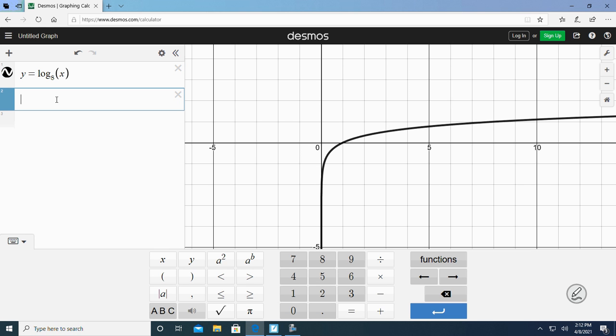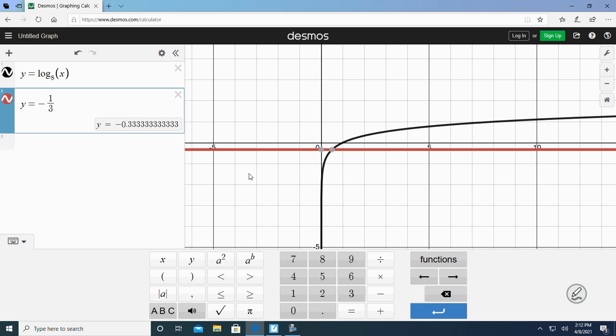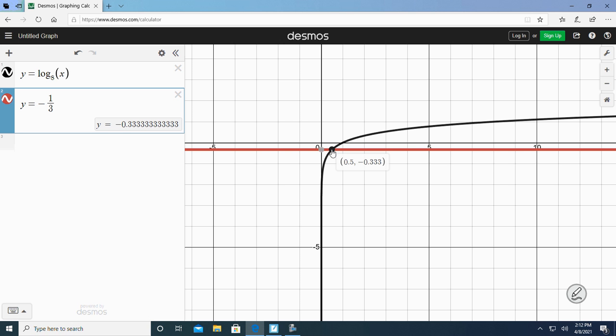And then my second equation is y equals -1 divided by 3. Again, you're looking for just the x value. And I think that one had an answer of 0.5. So that's really what you're going to do when solving the equation.